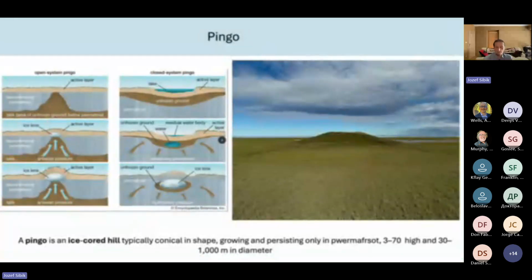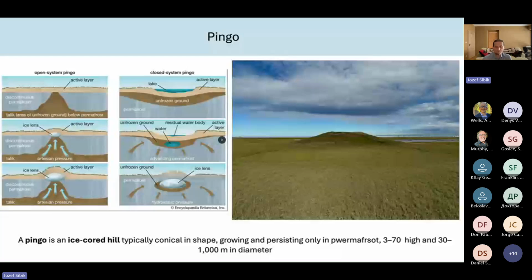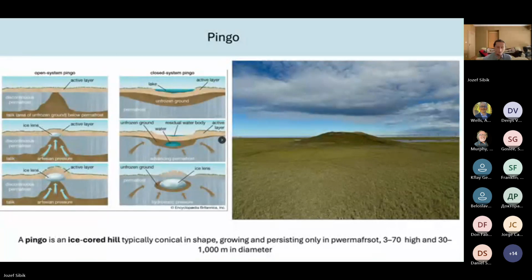And at the beginning of my speech, I mentioned that the amount of species or diversity in the Arctic is much smaller, much lower than in alpine regions. However, there are also these very specific features called pingos, from the Inuit language, that are ice-cored hills occurring only in permafrost areas.